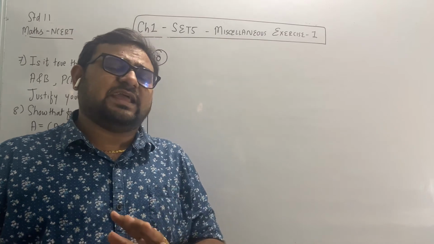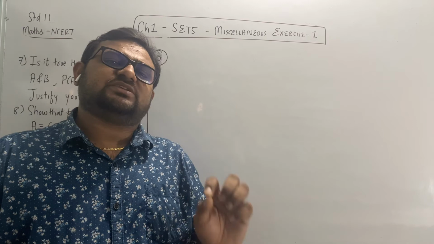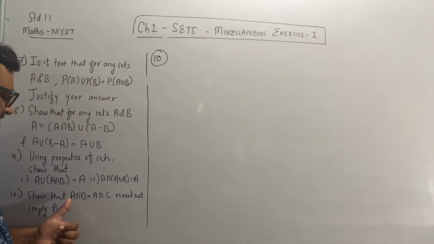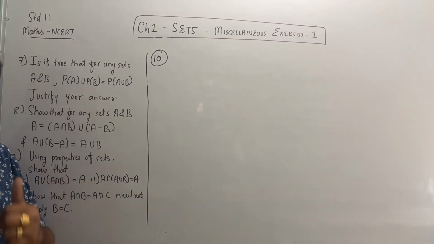We can take any sets A, B, and C, but the sets must be such that A intersection B is equal to A intersection C.